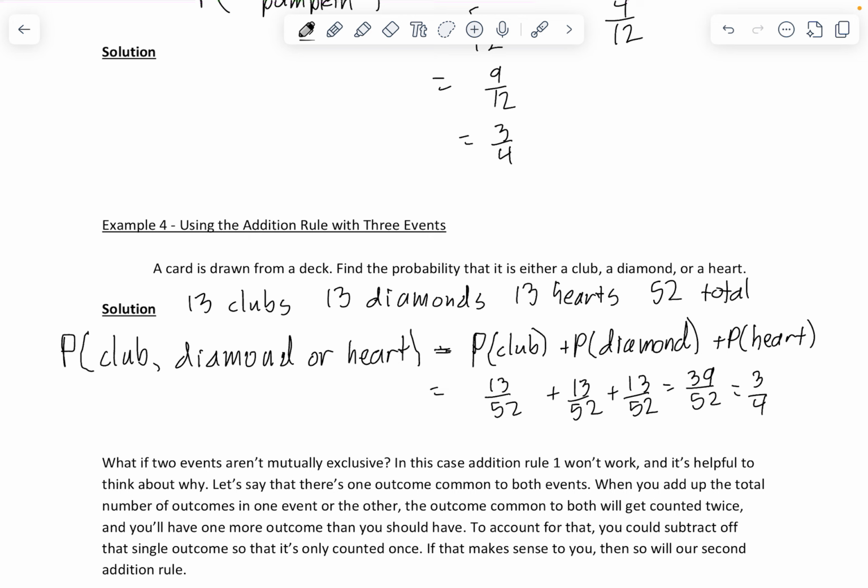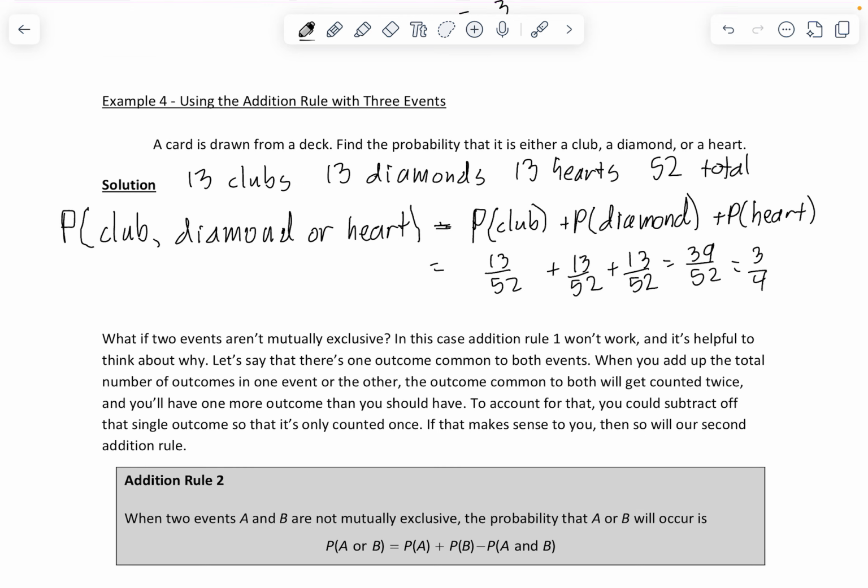So this is where our second addition rule comes from. When two events, A and B, are not mutually exclusive, the probability that A or B will occur is given by addition rule number 2, which says the probability of A or B is equal to the probability of A plus the probability of B minus the probability of A and B. We have to have this subtraction piece because if the events are not mutually exclusive and we just add the probabilities, the outcomes that are common to both events will get counted twice.